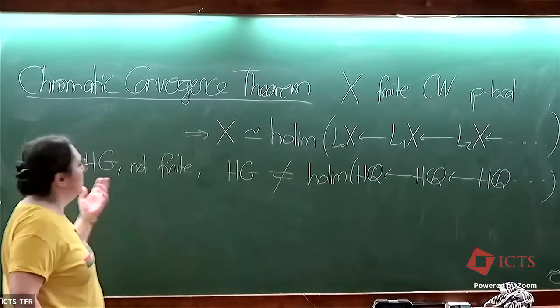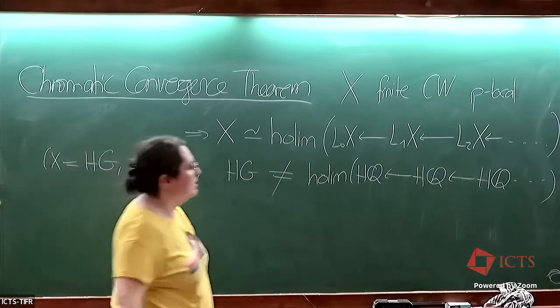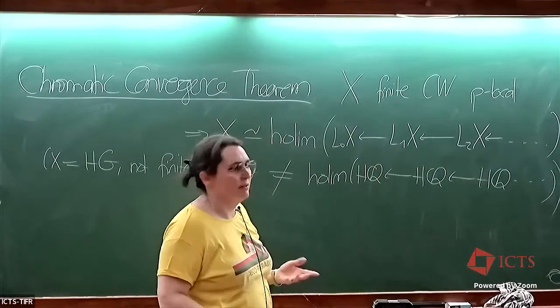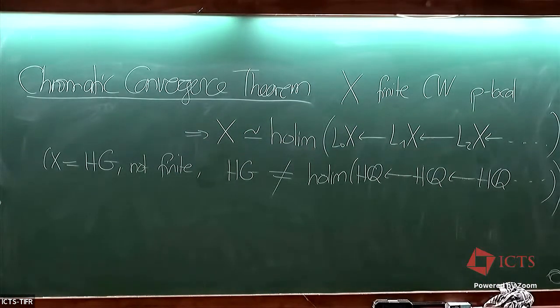So you see that finiteness is really a necessary thing for this to work, because for infinite X, for general X, in general, it just doesn't. But this theorem also has another really good consequence.